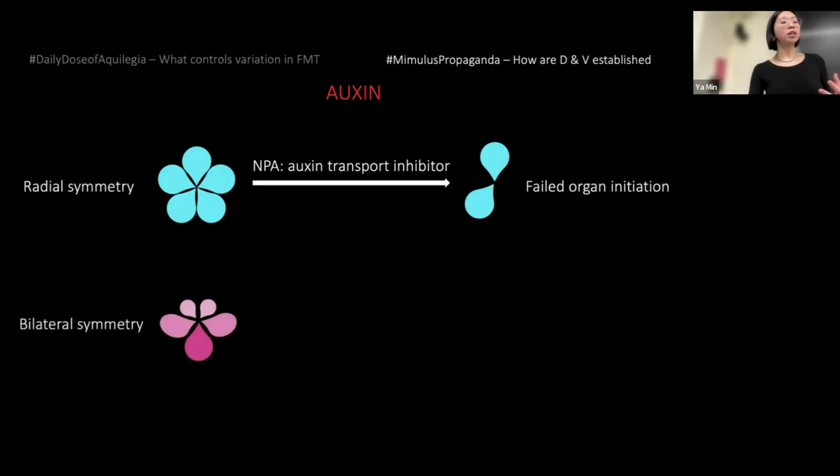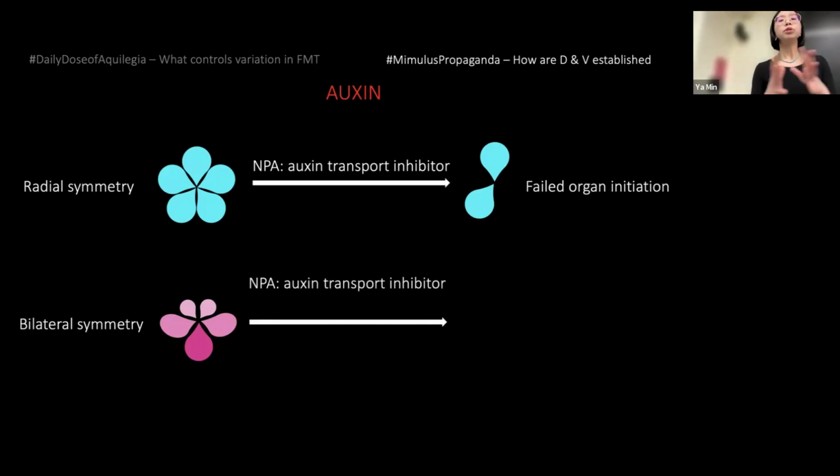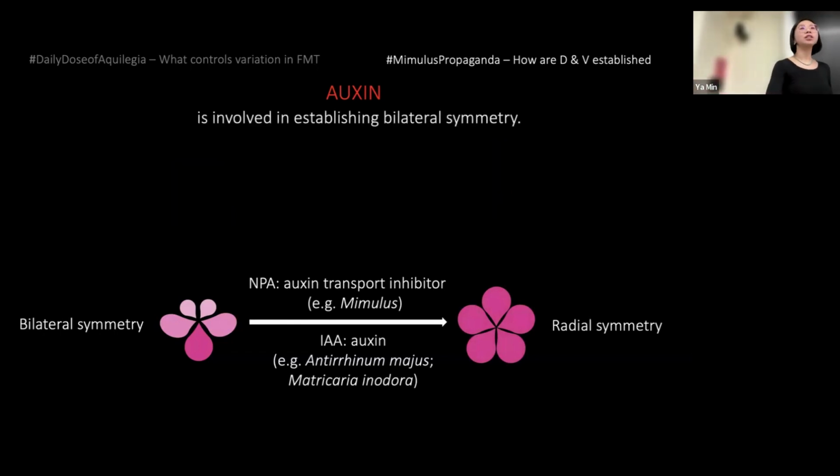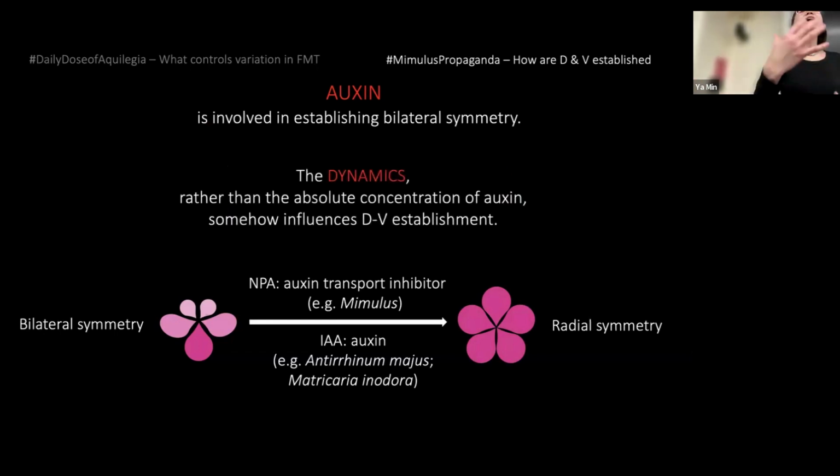But if we apply NPA to a bilaterally symmetric flower, people also see failed organ initiation, but there's also a transition from bilateral symmetry to radial symmetry. What makes this more interesting is that the application of auxin itself can also trigger this transition. So it seems like, yes, auxin is involved in establishing bilateral symmetry, but it's the dynamics of auxin rather than the absolute concentration that somehow influences that.